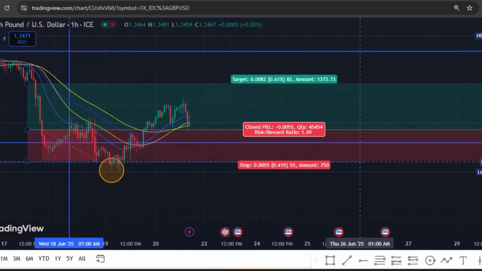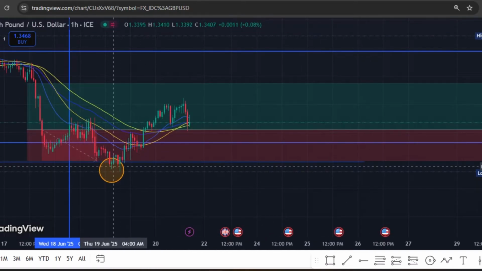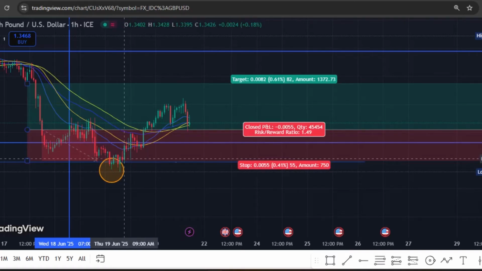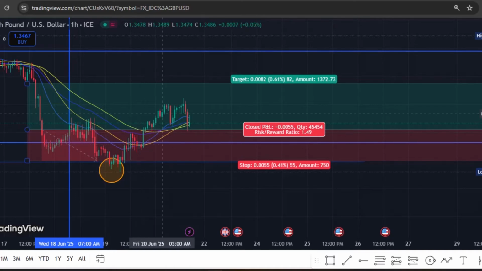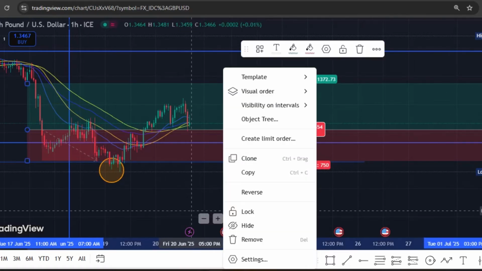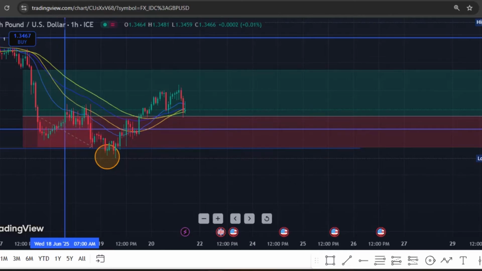I entered somewhere here. It was yesterday, and I've been trying to get the price to my TP. It's not going. It keeps going up and down, consolidating and doing the rest. So I'm just peacefully waiting for it, for real.